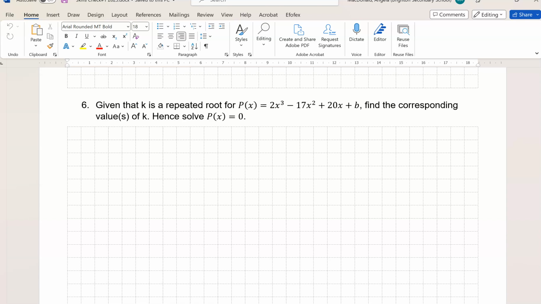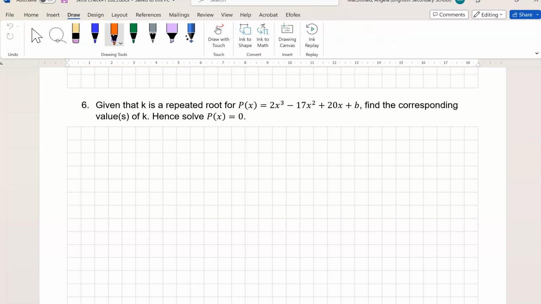Okay, so given that k is a repeated root, what does that mean, repeated root? Yeah, it's squared. So we've got a couple of things that we can do. You've got options. What's one option that you've told me? You can go x take k squared, and that means you can then, what would have to be in here?